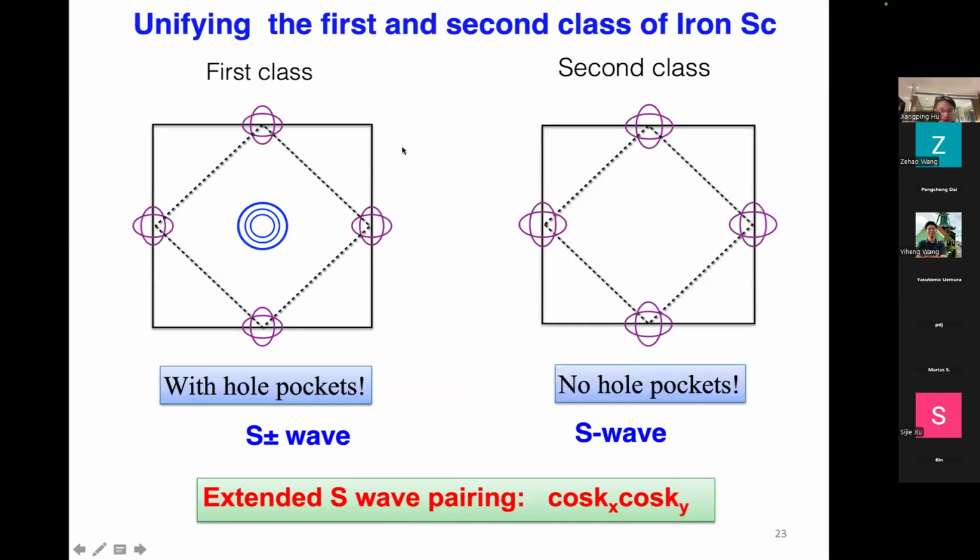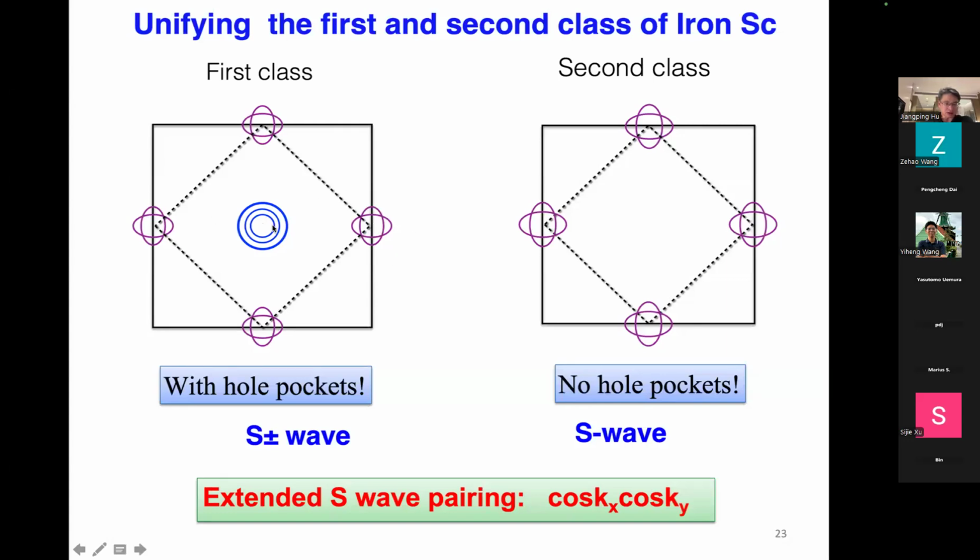So if this is the case, this cosine kx times cosine ky is the pairing, an extended S wave pairing. If you have this hole pocket and electron pocket, they will have opposite signs. Cosine kx cosine ky here will be plus, and here will be minus.